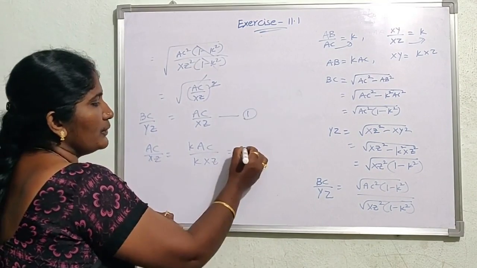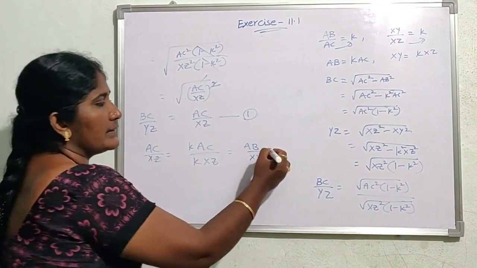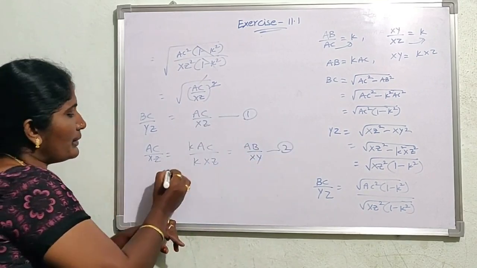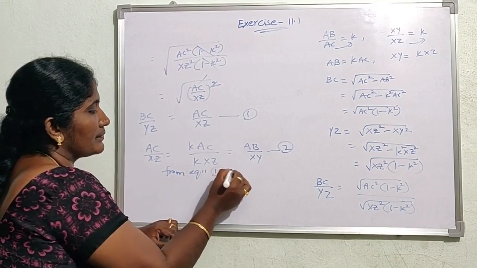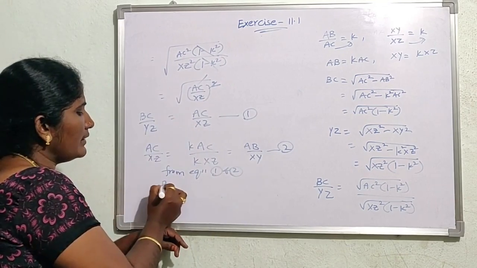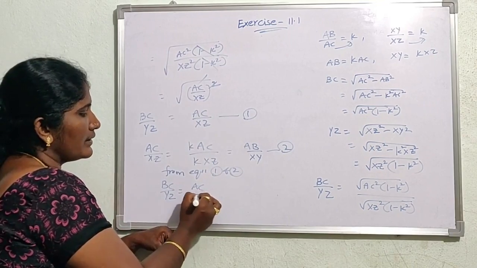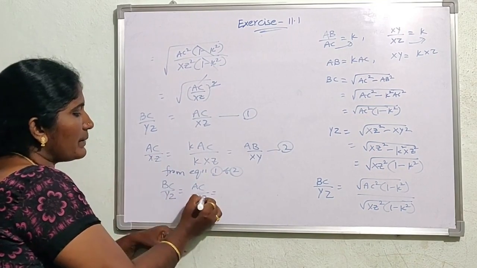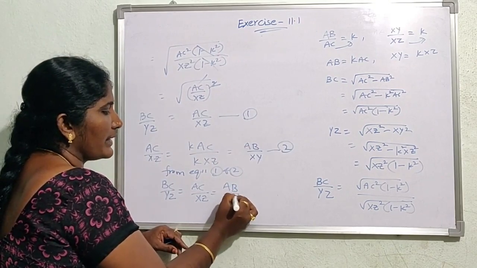So which is equal to AB by XY. This is equation number 2. From equations 1 and 2, BC by YZ is equal to AC by XZ. AC by XZ is equal to AB by XY.